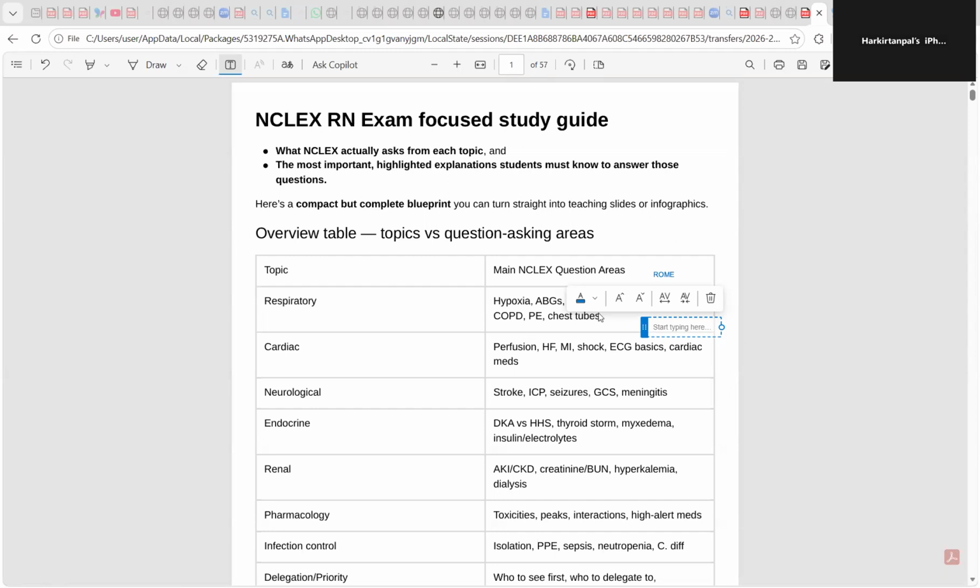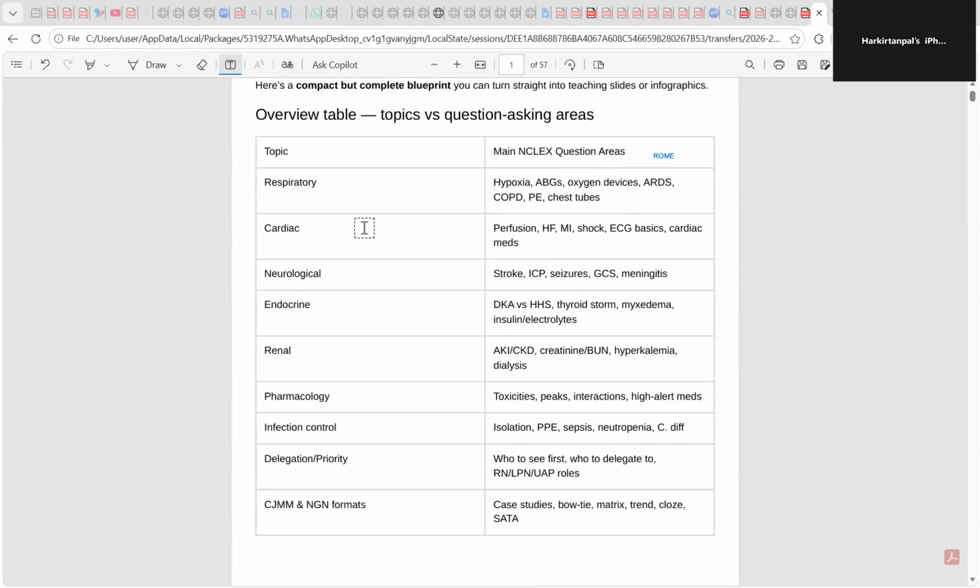Mostly they will ask questions from areas like COPD patients, pulmonary embolism, chest tube, ARDS, and oxygen devices. And in the cardiology system, we know the perfusion signs: saturation, cyanosis, tachycardia, BP, hypotension. And also we need to know the heart failure symptoms. Decreased cardiac output is significant for heart failure, because the heart is not able to pump adequate blood.